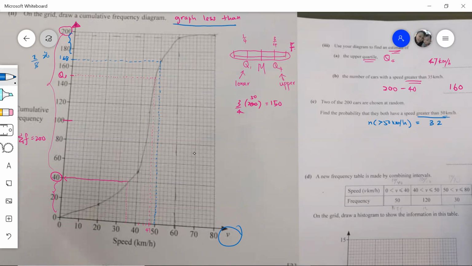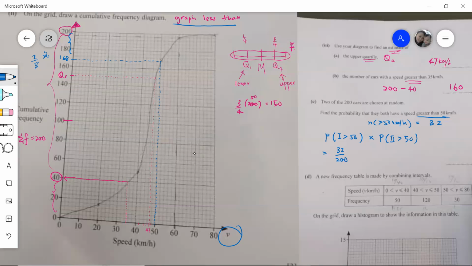32, okay? Therefore, to find the probability, 2 cars chosen at random. The first car more than 50, followed by, that means one after another, so you multiply. The second car also greater than 50 kilometers per hour. Therefore, how do we find this? Only 32 cars drive greater than 50 kilometers per hour out of 200.